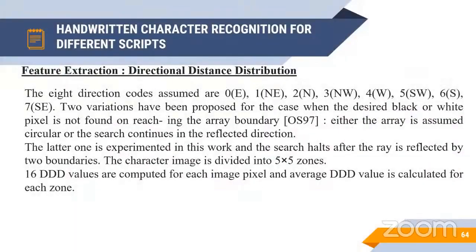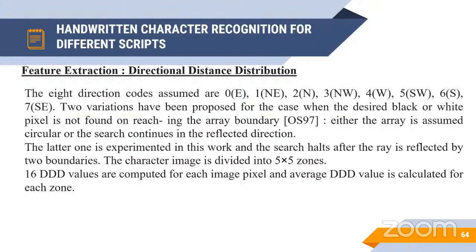With the feature extraction, the directional distance distribution algorithm is also used. Two variations have been proposed for the case when the desired black or white pixel is not found on reaching the array boundary.